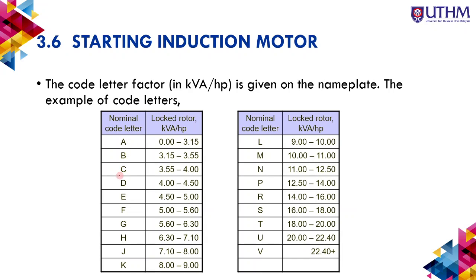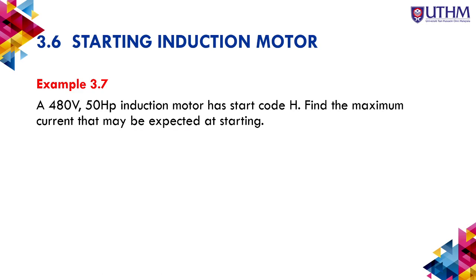For example, if your motor is code C, it means that the locked rotor kilovolt ampere per horsepower is between 3.55 and 4. Normally during the calculation we will take the maximum. For more understanding, we will do an example.